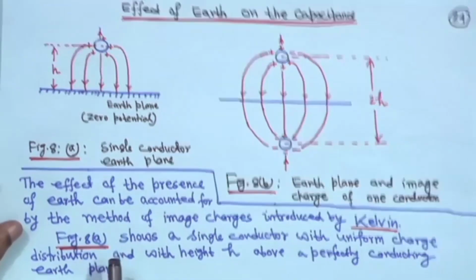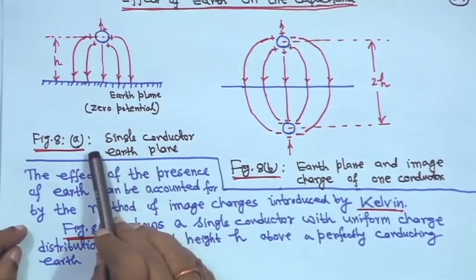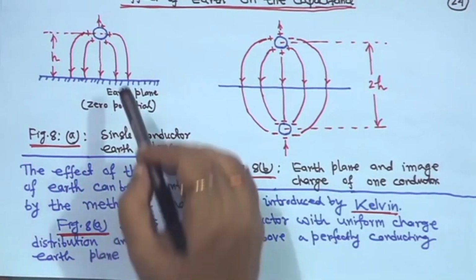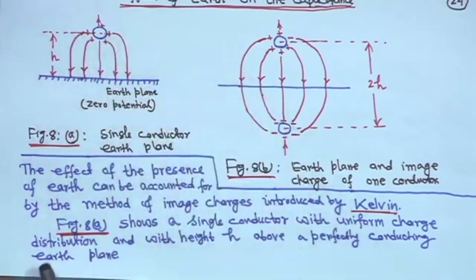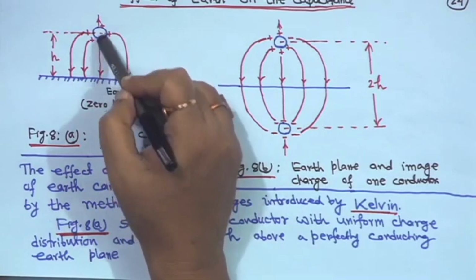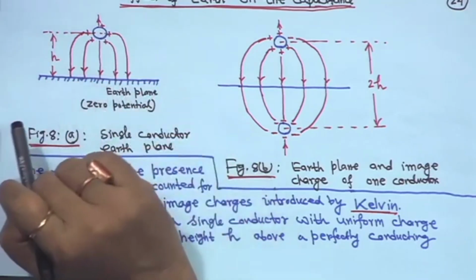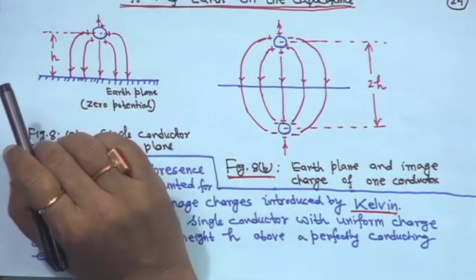So, figure 8a shows a single conductor with uniform charge distribution at height h above a perfectly conducting earth plane. That means this conductor is above the ground, the height is h, and we have to include the effect of the earth, right.